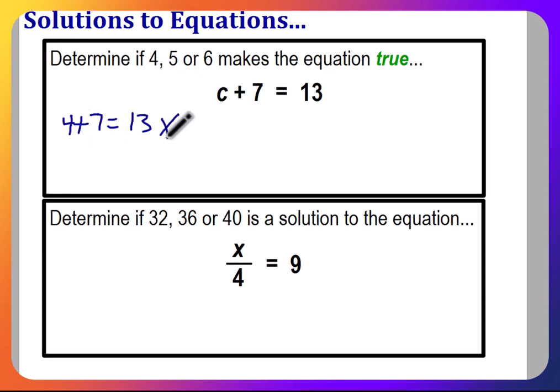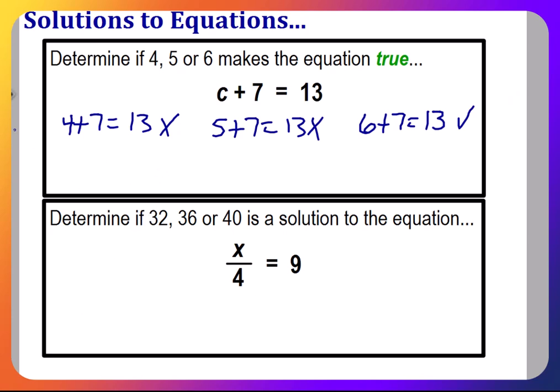No, it does not, because 4 plus 7 is 11. Let's try the 5. 5 plus 7 should equal 13. Well, 5 plus 7 is 12, not 13, so that doesn't work. Try the third one. 6 plus 7 equals 13. Well, 6 plus 7 does equal 13, so 6 is the solution that makes the equation true.